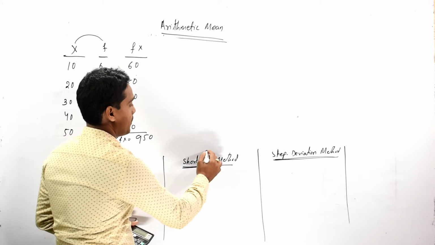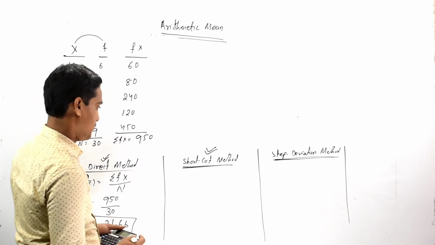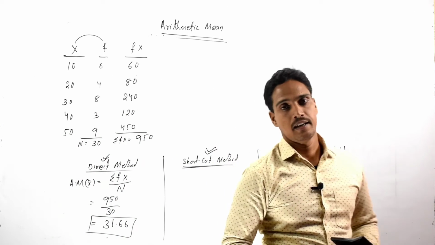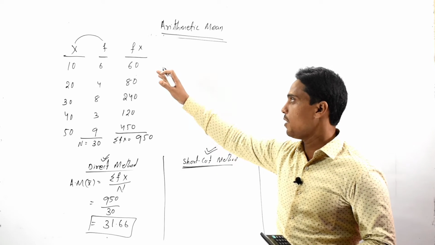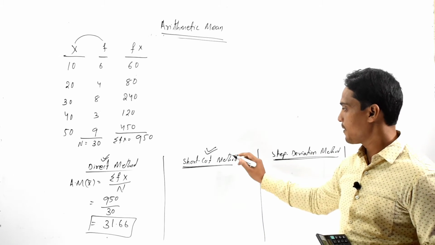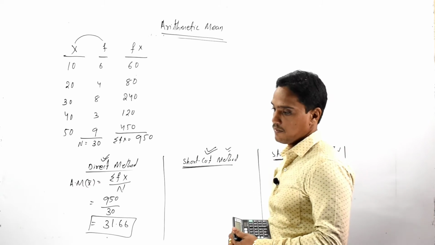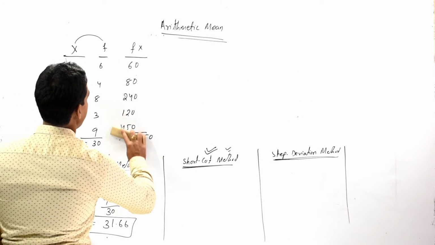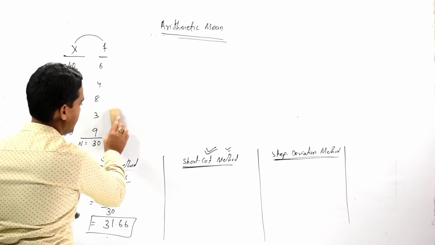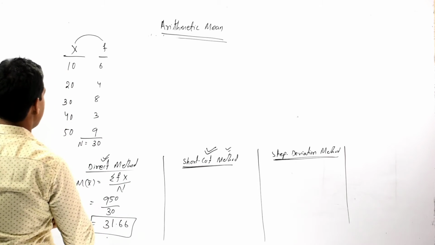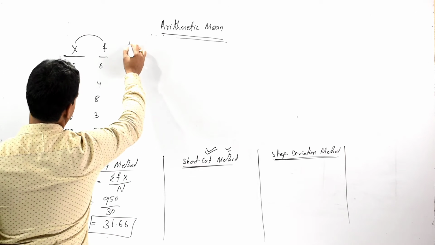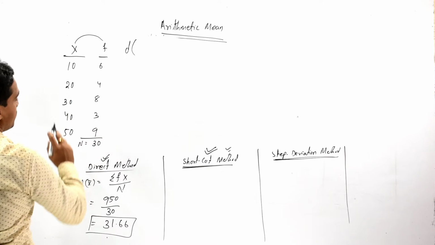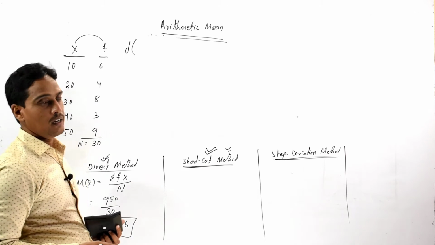Now come to our shortcut method. For computing the arithmetic mean of the given discrete series under the shortcut method, we should find out the deviation, or d, of the given series. Our d should be computed by taking the difference of the variables from the assumed mean.